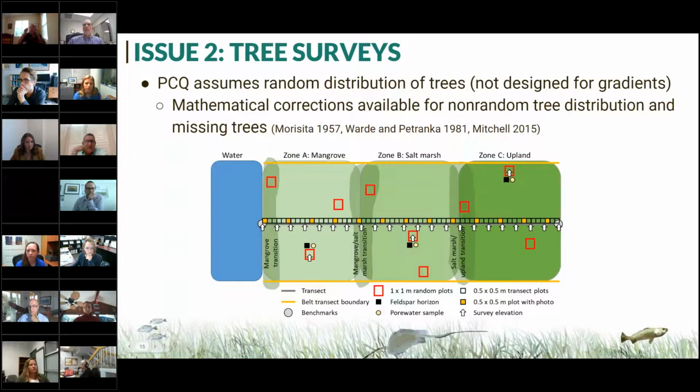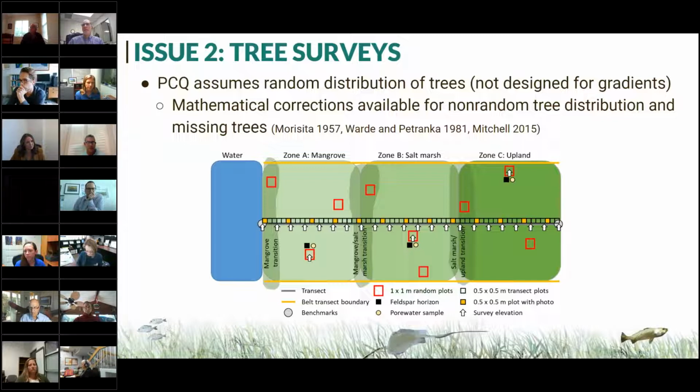So with the design that we have been using, we've been putting these measurements inside the randomized plots, which are all shown in red in this diagram here. So this results in a measurement of 3 points per zone across the transect. But PCQ assumes that there is a random distribution of trees.